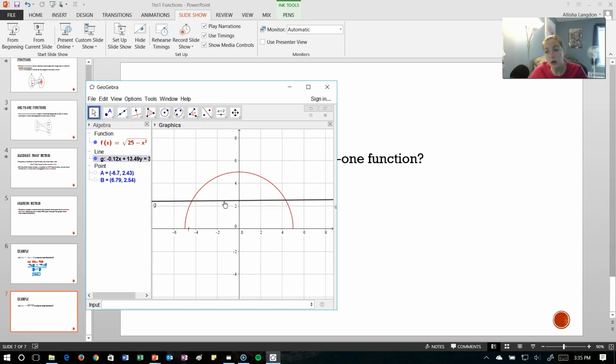These aren't exactly totally straight, but just go with me here, okay? So we can see that if we do our horizontal line test, it does intersect that graph twice, right? Over here and over here, indicating that this is not a 1-to-1 function because it fails that horizontal line test.